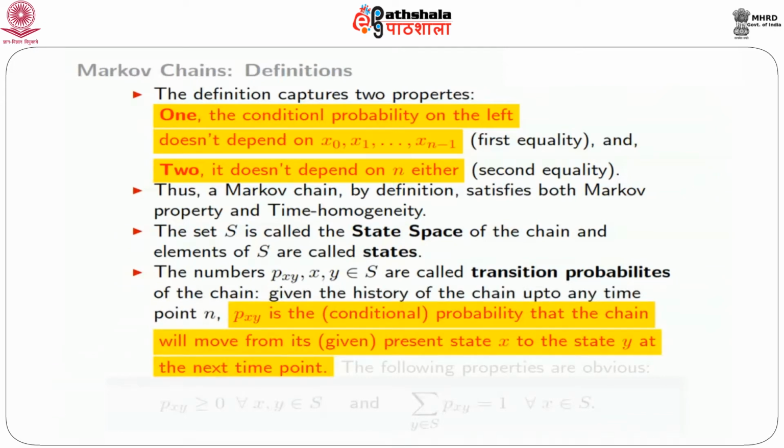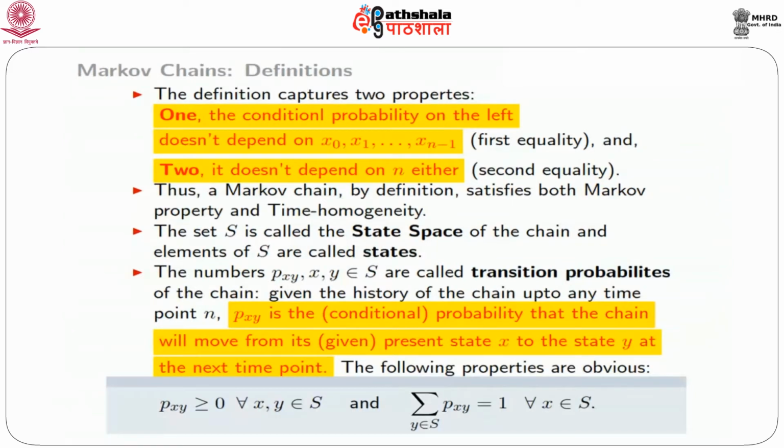Given the history of the chain up to any time point n, Pxy represents the conditional probability that the chain will move from its given present state x to the state y at the next time point. So it's a probability of making a transition from the present state x to the state y at the next time point. Now, from the definition, these following properties are quite obvious.